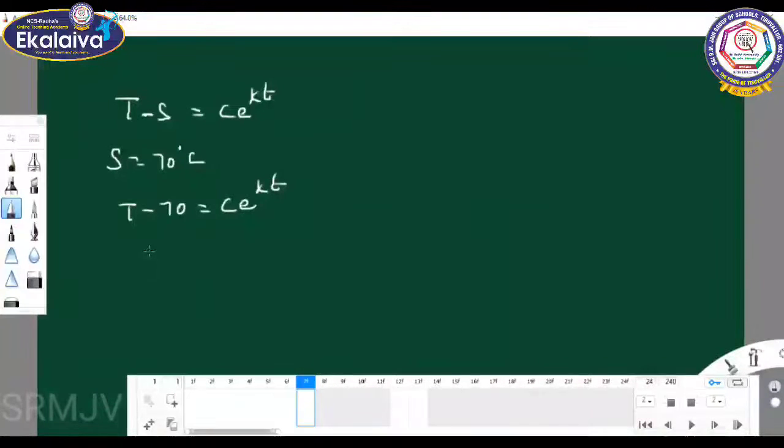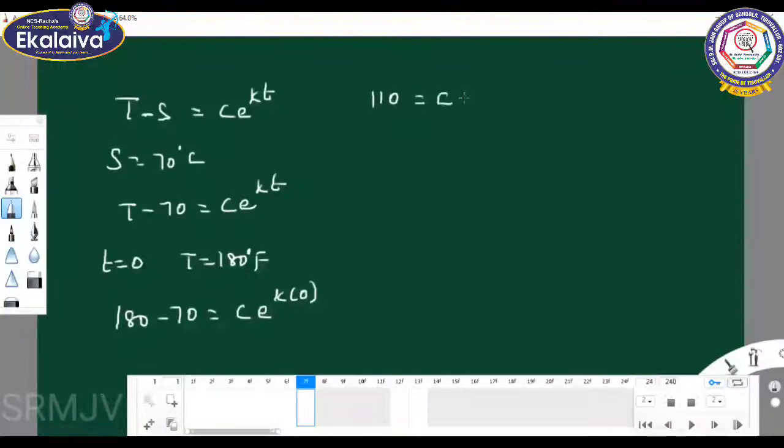So starting at t equal to 0, the temperature of the coffee is 180 degrees Fahrenheit. You can substitute: 180 minus 70 equal to C e power k into 0. 180 minus 70 equal to 110.